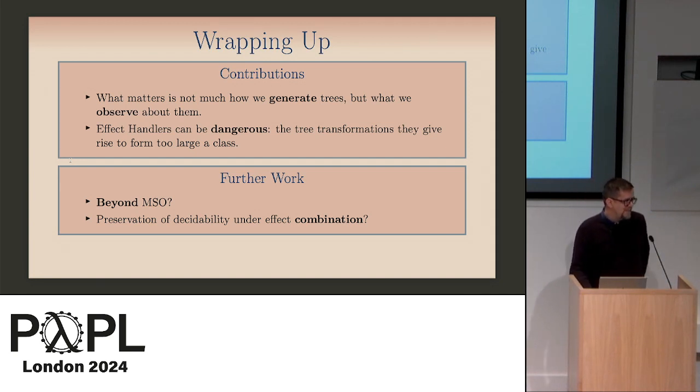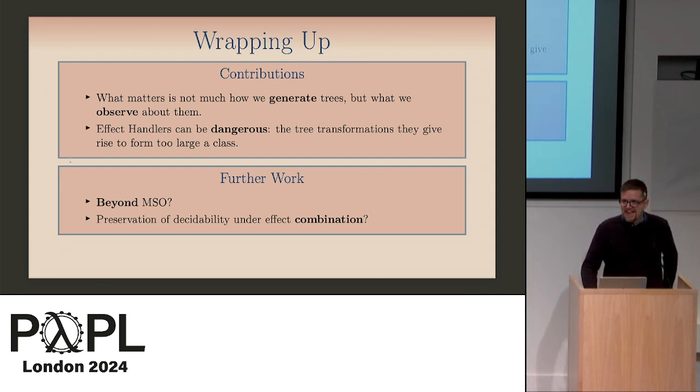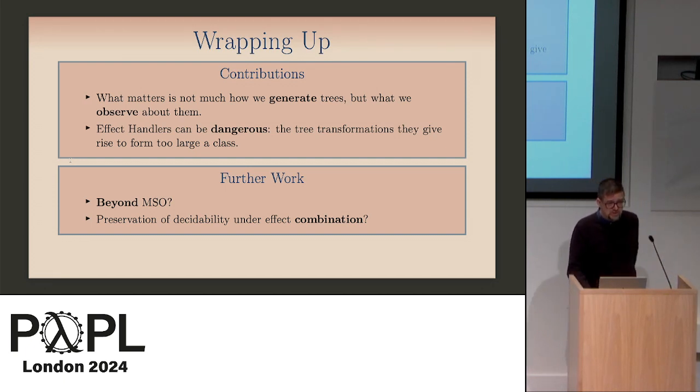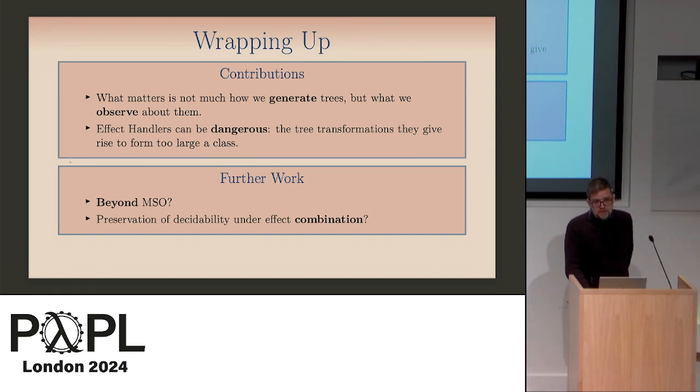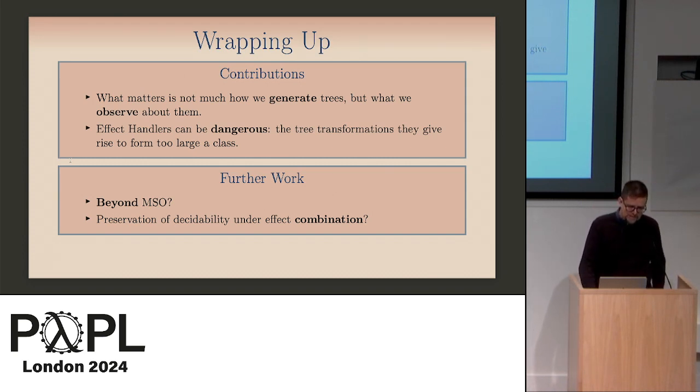And the other message is that effect handlers can be quite dangerous because they can use the continuation in very nasty ways. So you need to be very careful and use handlers maybe in very specific forms.